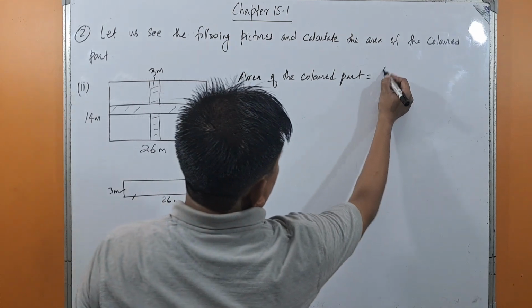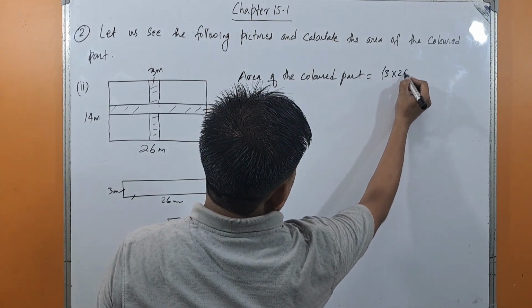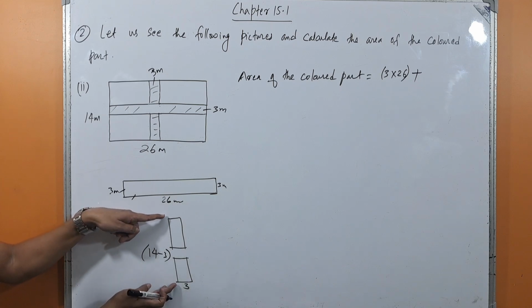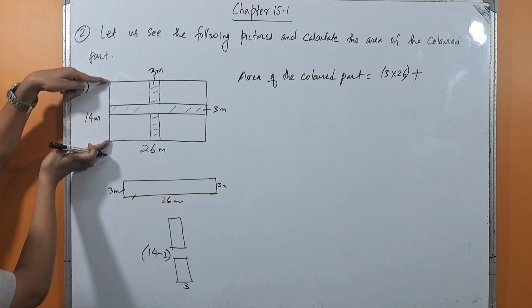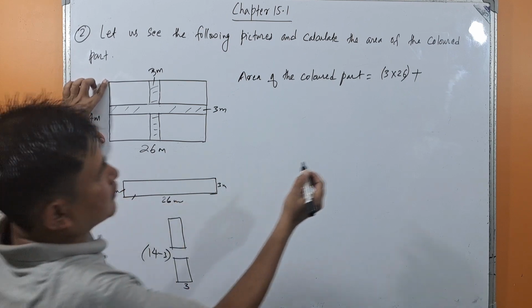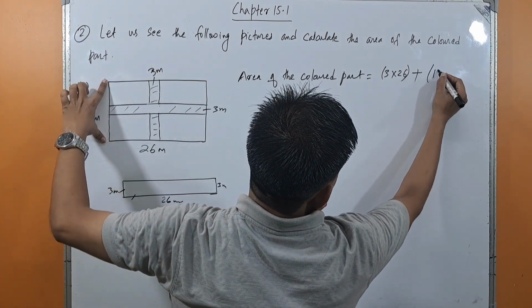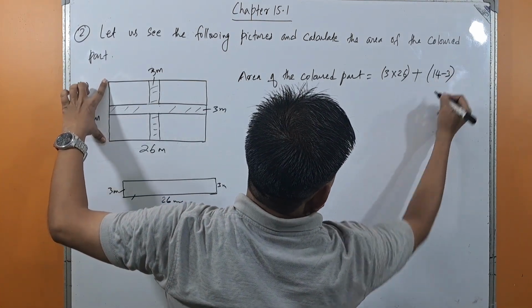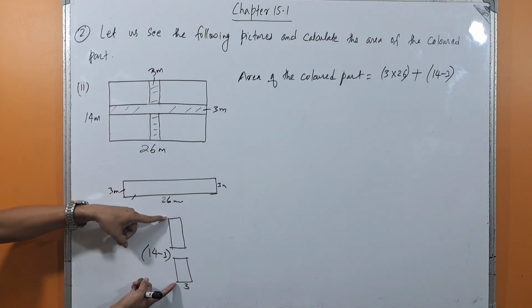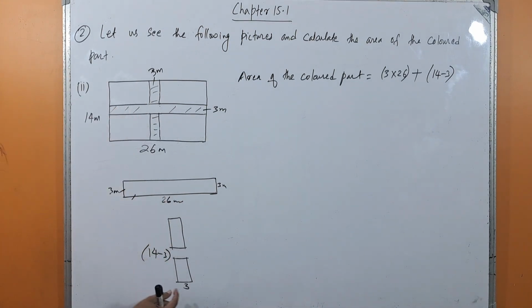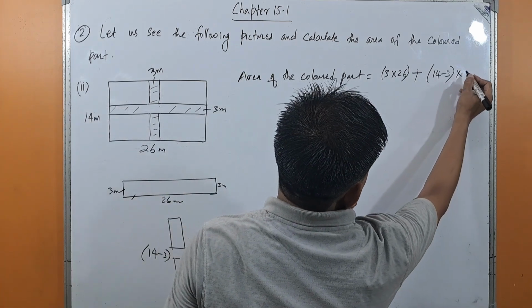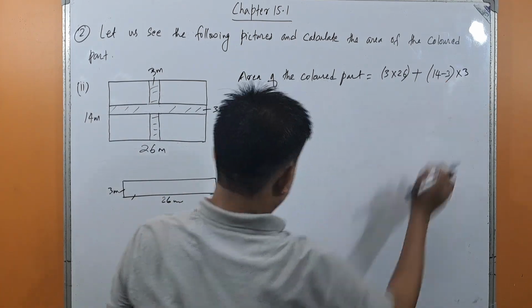After that plus total length was 14, but we have to subtract 3 meter here. 14 minus 3 is the length, and the breadth is 3. Length into breadth.